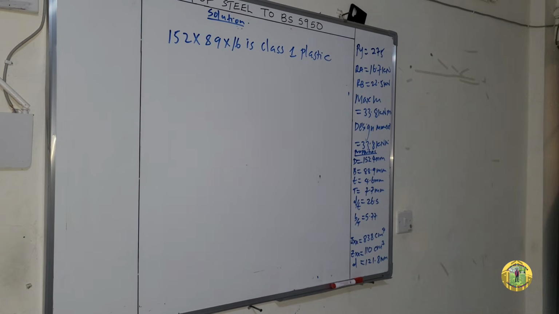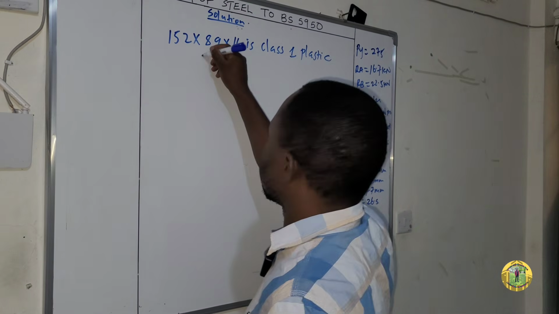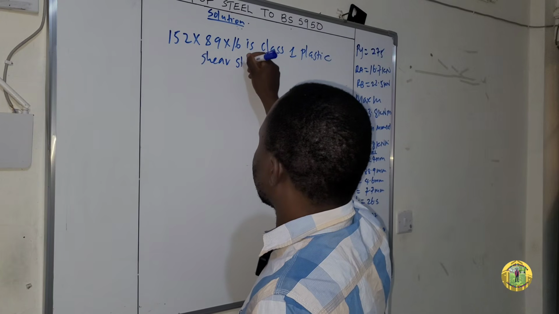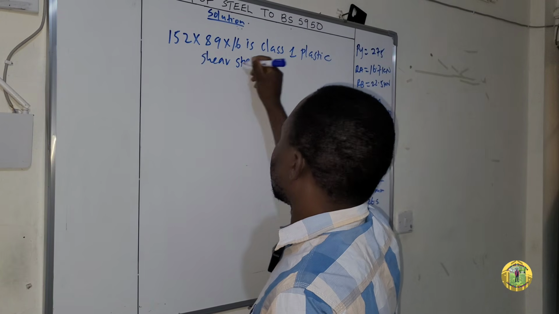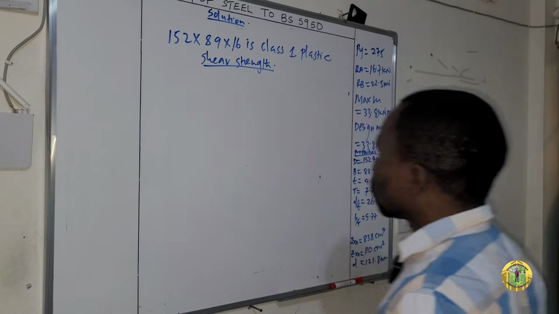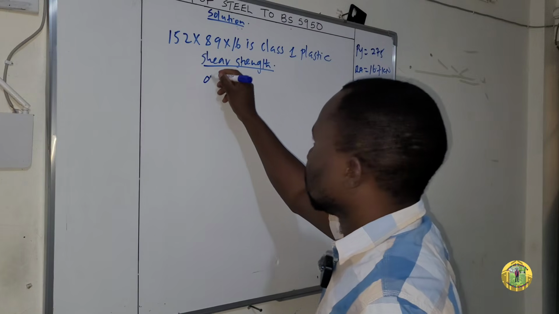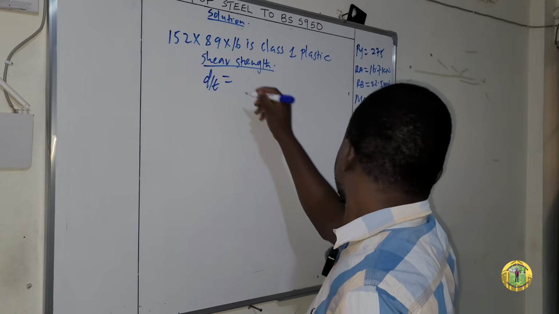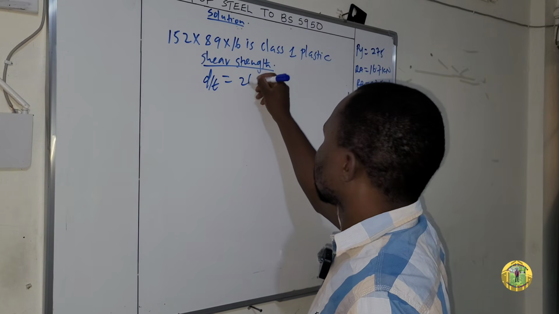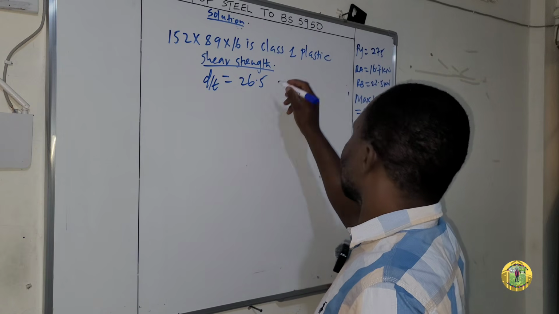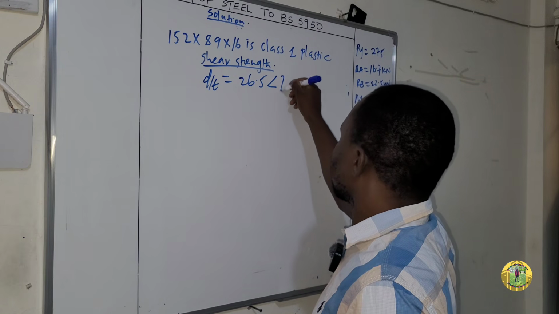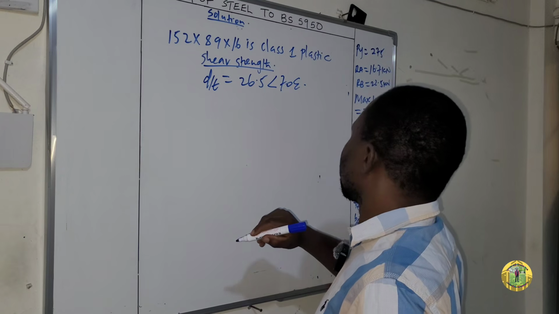So we now proceed to the shear strength. For shear strength, we'll first check if shear buckling will be considered or not. Here we will use d over t, which is equal to 26.5, and it must be less than 70e.